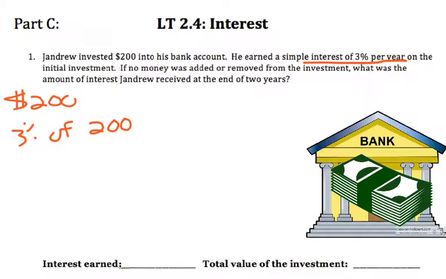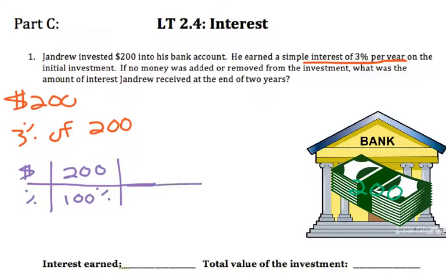All right. So Jandrew put this $200 in the bank, and now he's going to get an extra 3% of that every single year, just for letting the bank hold on to his money. So let's figure out how much 3% would be. $200 is his whole investment, which would mean that 10% would be $20, and 1% would be $2.